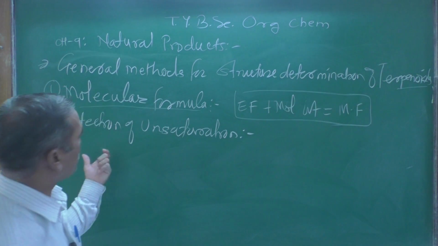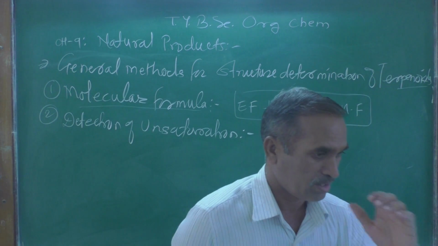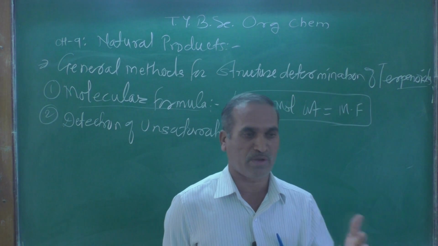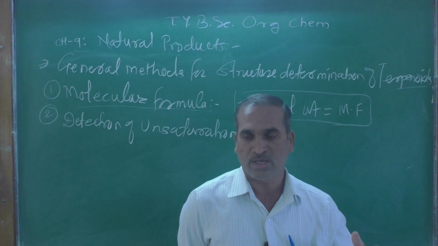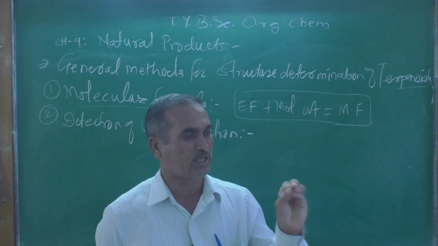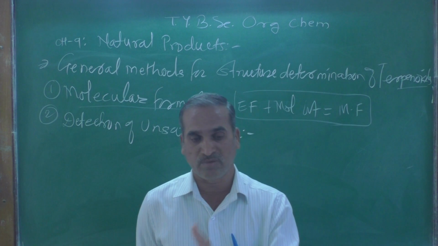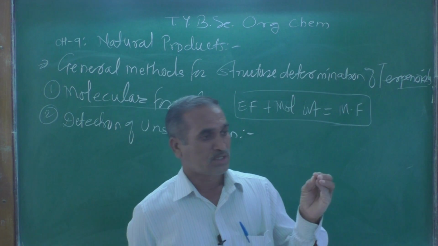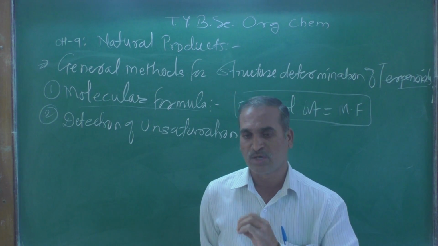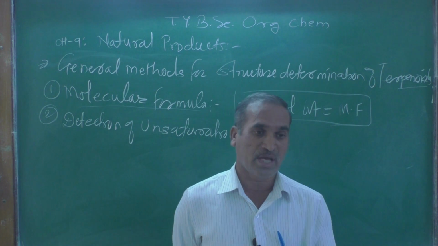Now, the detection of unsaturation. Organic chemists generally perform certain tests for the identification of unsaturation, to find whether a given organic compound is saturated or unsaturated, using some reagents.